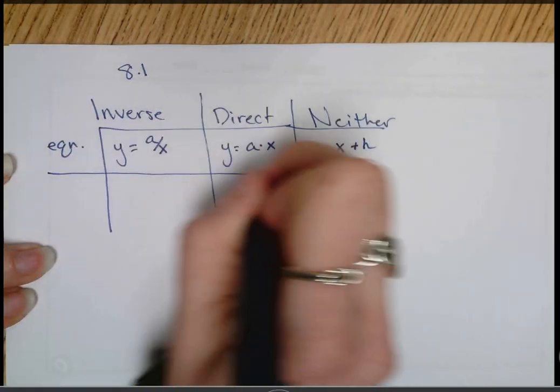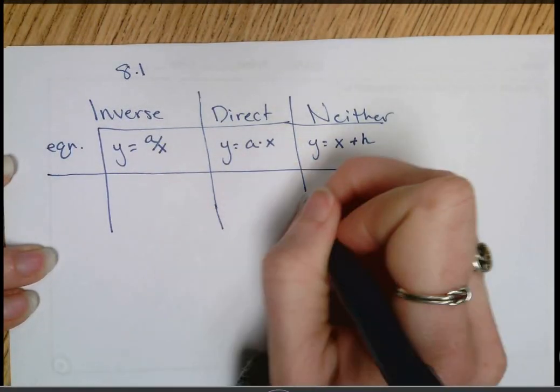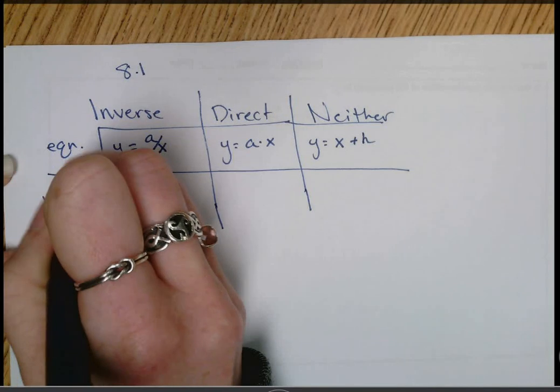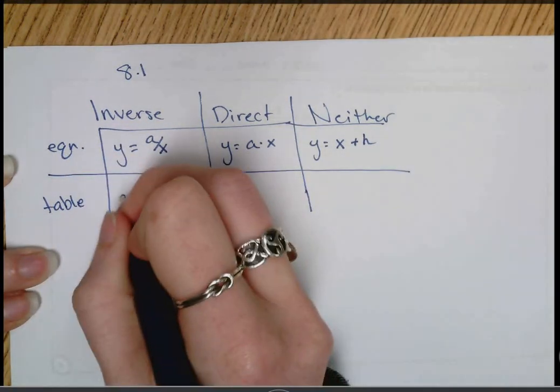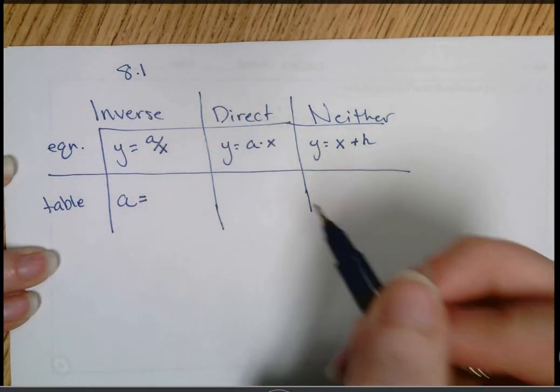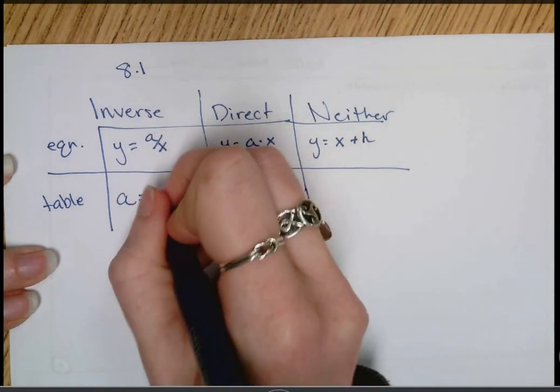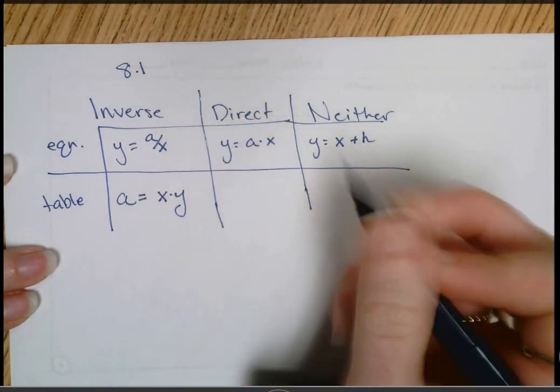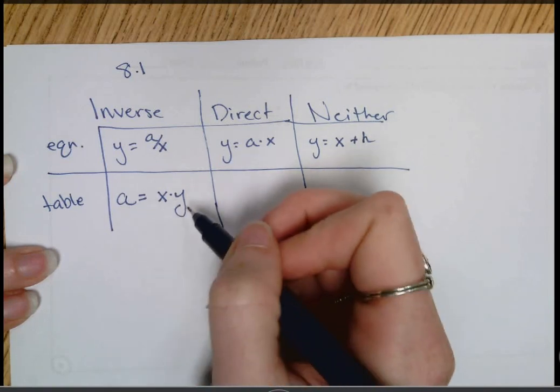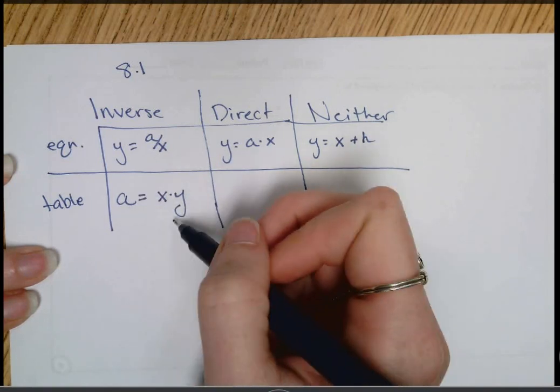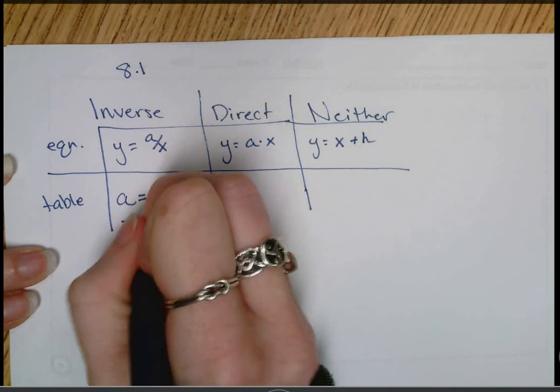Next thing would be the table. So with the table, we really look at that a value instead, because we don't know what our equation looks like, but we do know what our x and y's are. So for inverse, if I solve for a, it's x times y, so in a table I actually look for multiplication, and if it's a constant, that's when we're here.